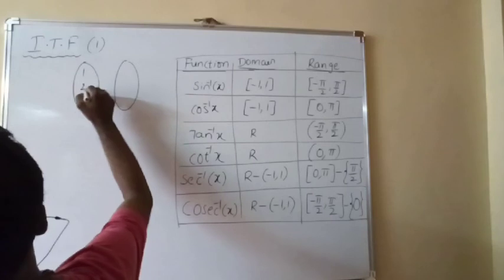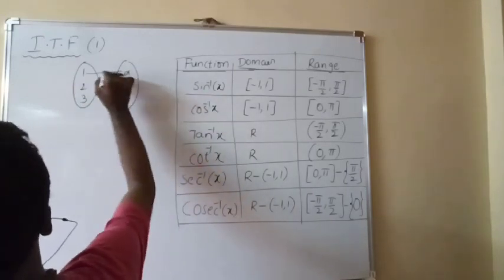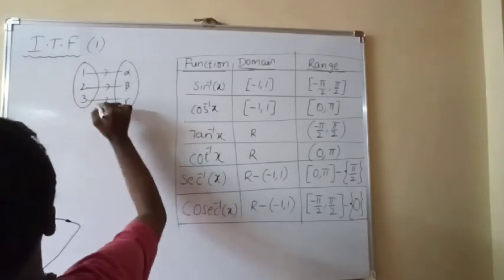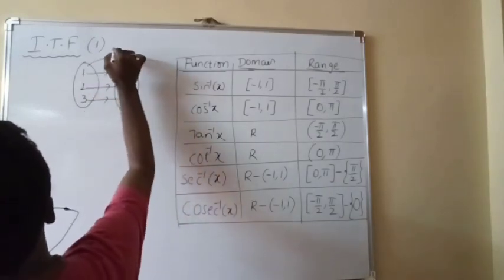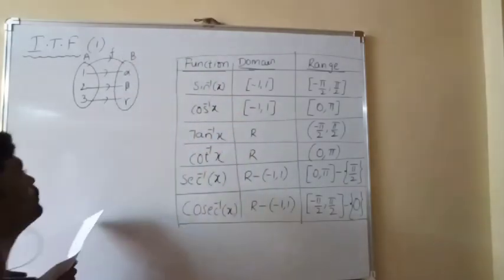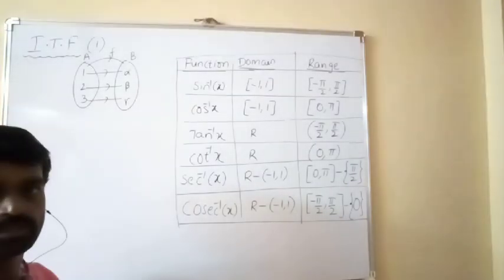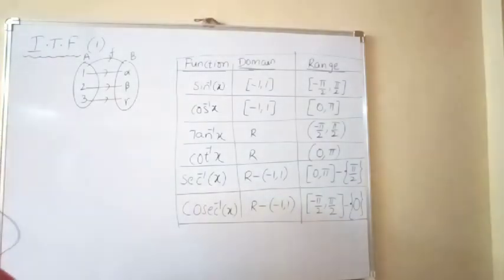Okay, so for example, a simple example I am giving. Take 1, 2, 3 and alpha, beta, gamma. Suppose 1 maps to alpha, 2 maps to beta, 3 maps to gamma under the mapping function f. So here f from A to B is clearly 1-1 and onto, so it is bijective. As it is bijective, its inverse is also a function.